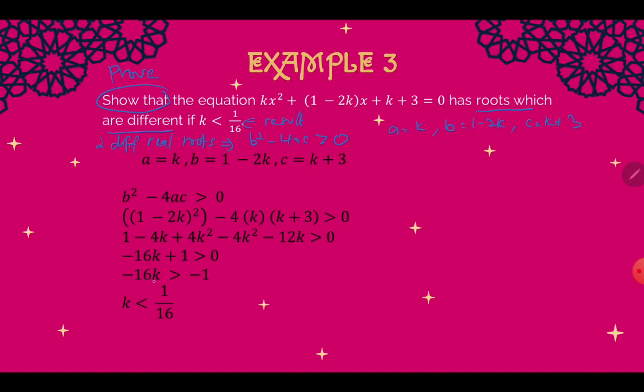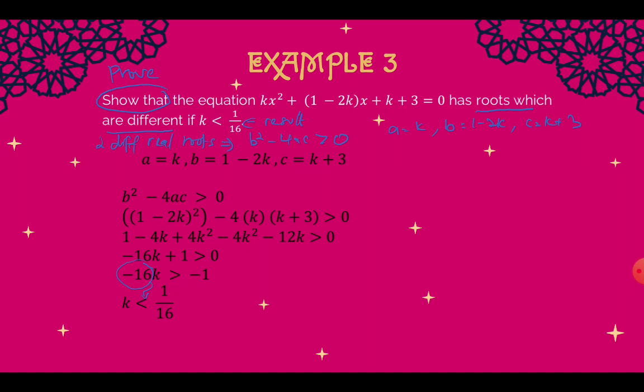Because the coefficient of k is negative. That is why the answer changed from greater than to less than. I hope you can understand. This is what we call proof. At the end of the solution, it became k less than 1 over 16.